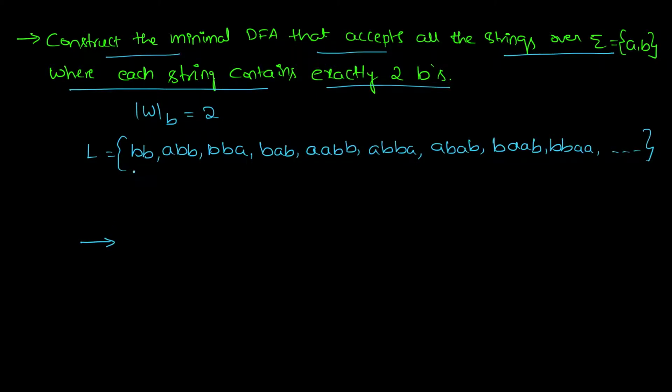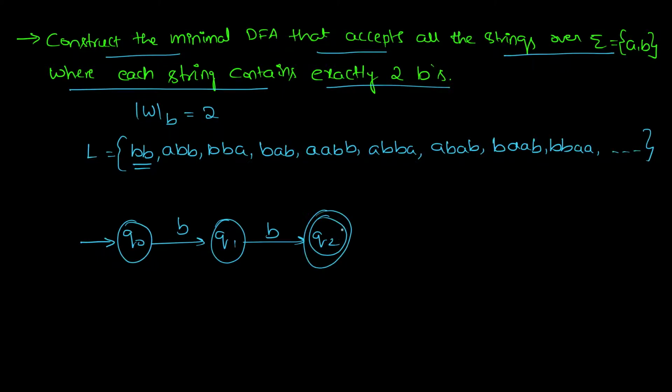So the finite automaton for the minimal string would be Q0. On seeing B, we go to Q1. On seeing B from Q1, we go to Q2, and we accept this because we need to accept the minimal string.